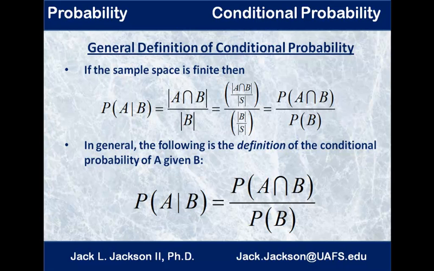And notice then that the numerator is just the probability of A intersect B, and the denominator is the probability of B. This is going to be our general definition of the conditional probability of A given B, and this will apply even when we don't have a finite sample space. So the probability of A given B is defined to be the probability of A intersect B divided by the probability of B.